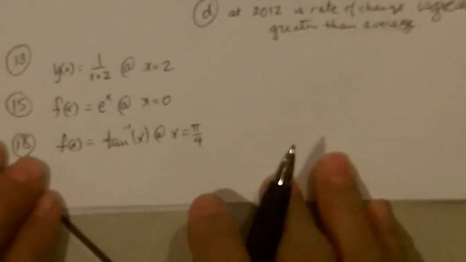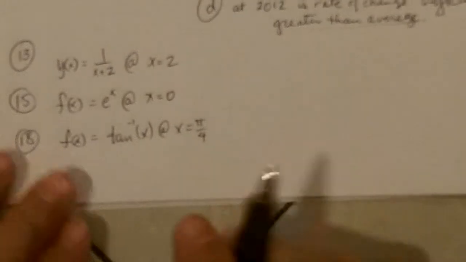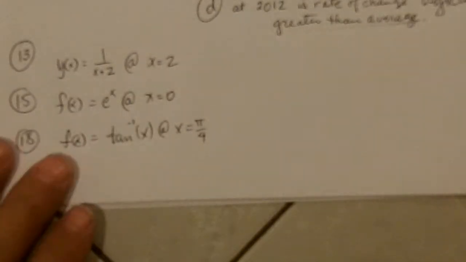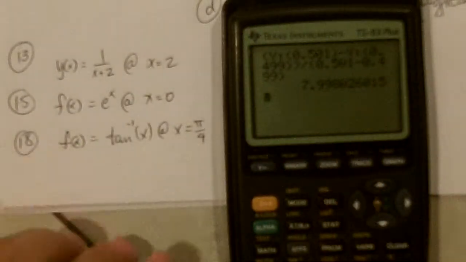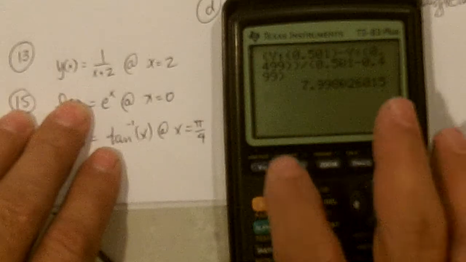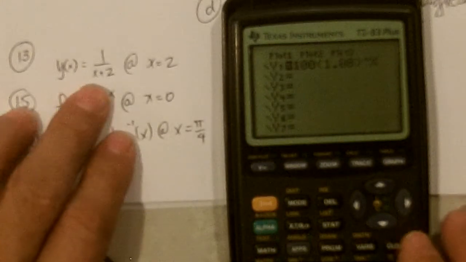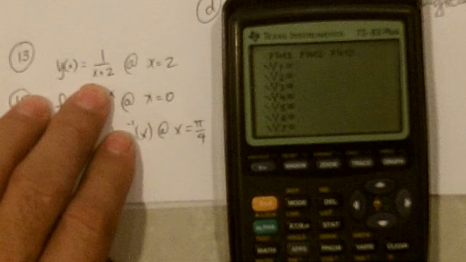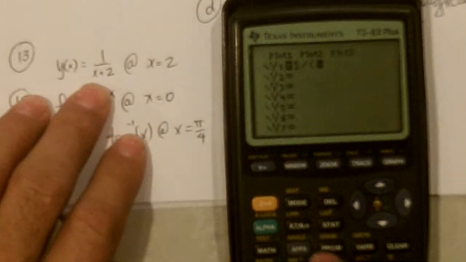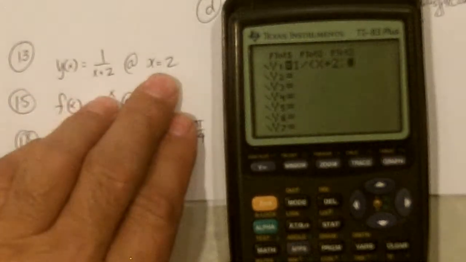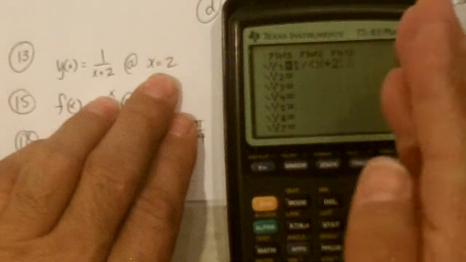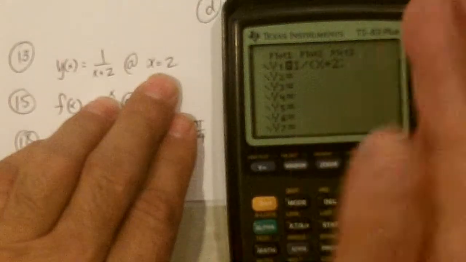Okay, 13. Now we're just doing instantaneous for different graphs here. So I can go right back to my calculator and put into the equation. So I'm going to clear, and I have 1 divided by parenthesis x plus 2. And then to find it at 2, I'll just go a little bit before, a little bit after. The point, just a little bit after minus a little bit before.